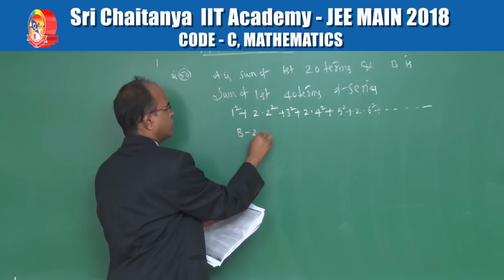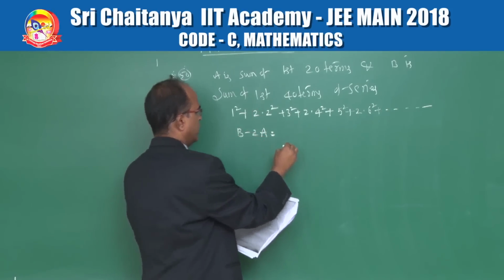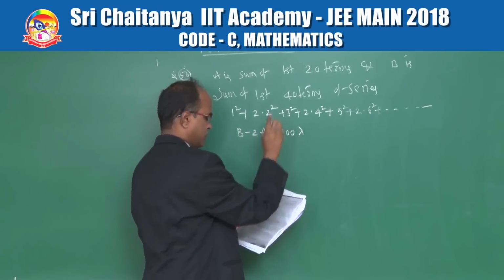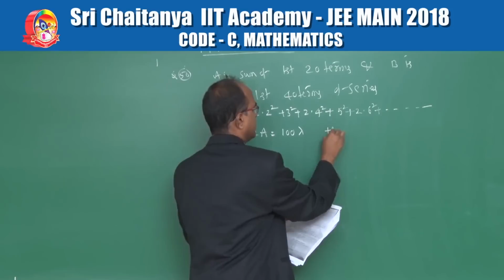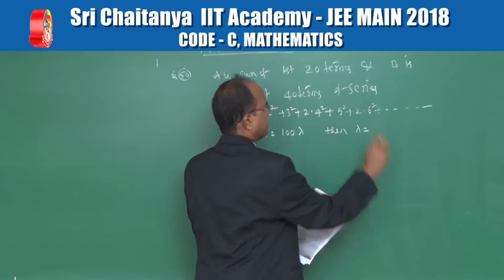And B − 2A is given to be 100λ. Then what is λ equal to?